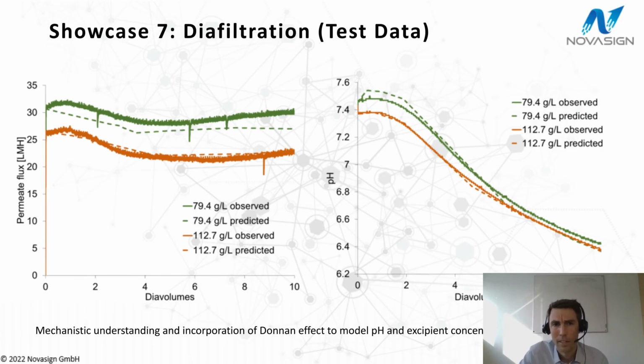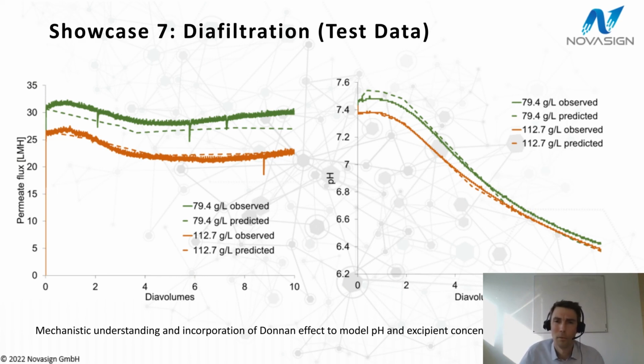This is still under development, but one of the problems we often see in diafiltration is that the prediction of the pH, for example, or of certain materials inside your solution is not constant over time or over diafiltration volume.